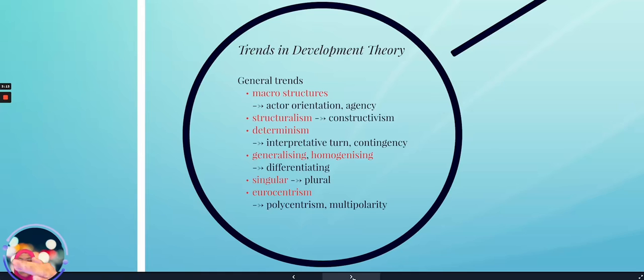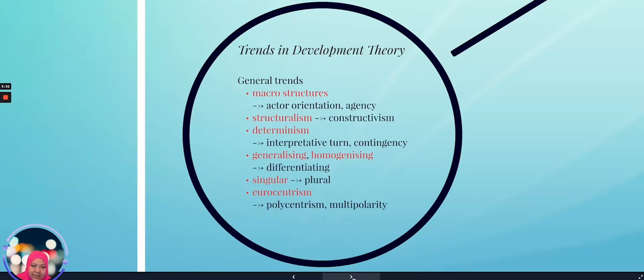So all the ones in red, they are what we call before the Cold War ended, or up until the 19th century. So this is basically column A.